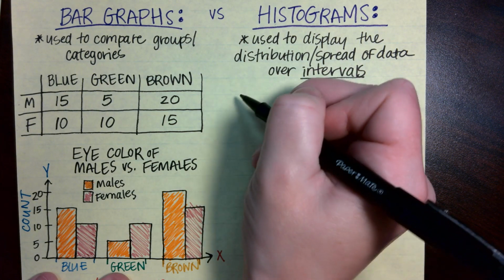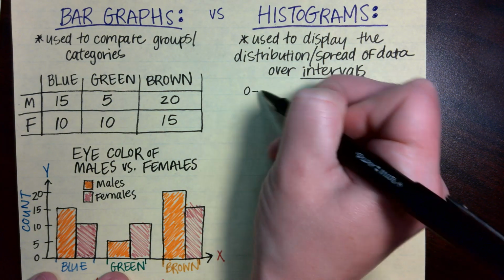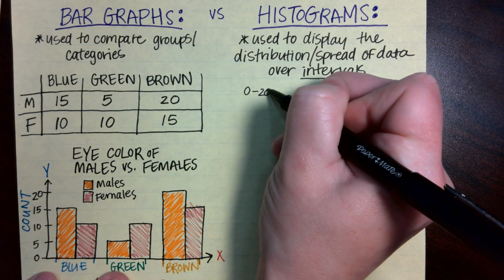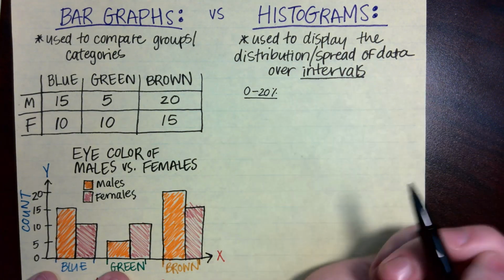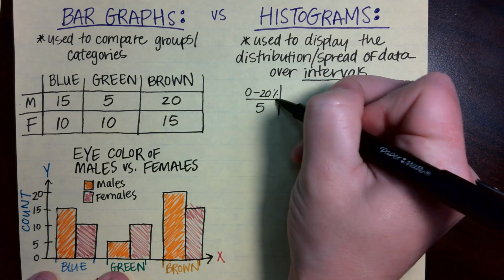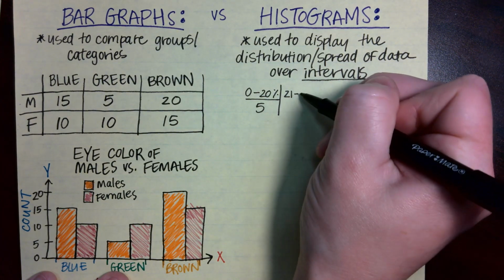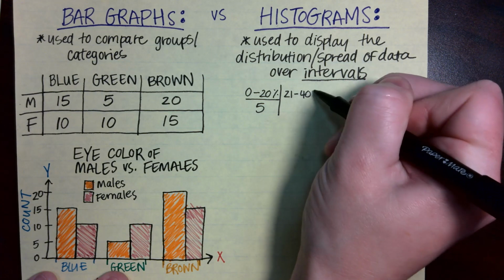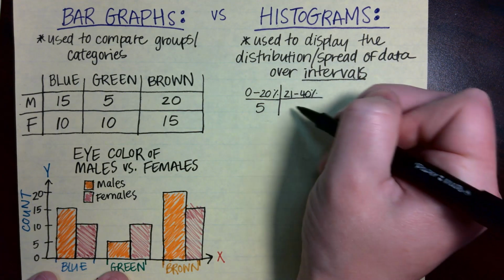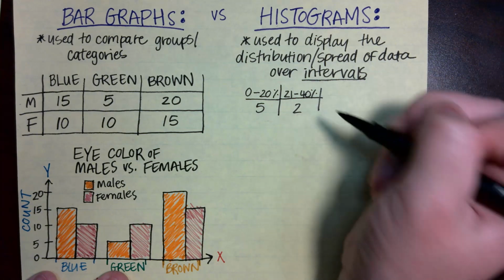On the test, I'm going to see how many students got between a 0 and a 20%. That's our first interval. I'll say 5 students did. How many students got between 21 and 40%? I'll say 2.